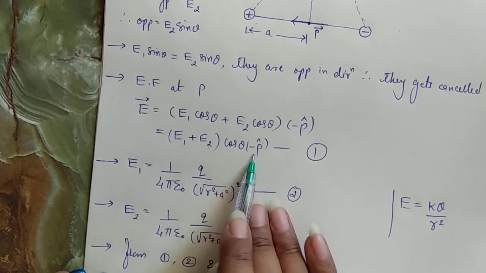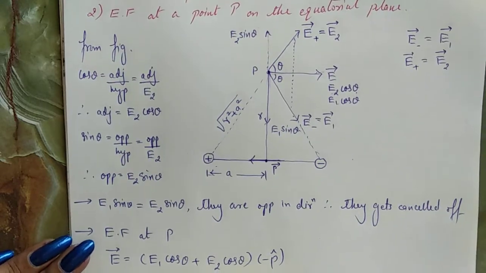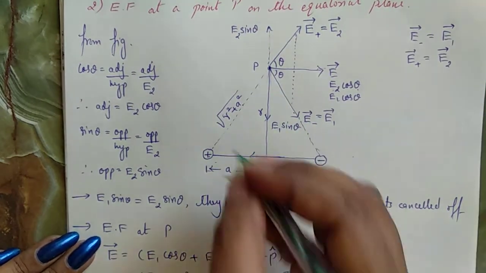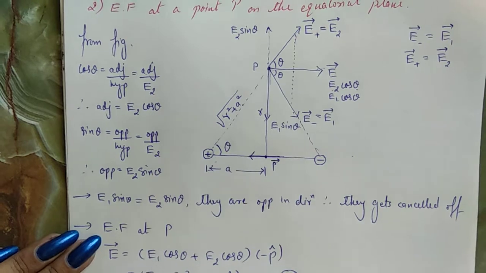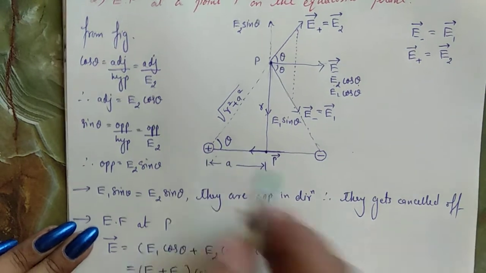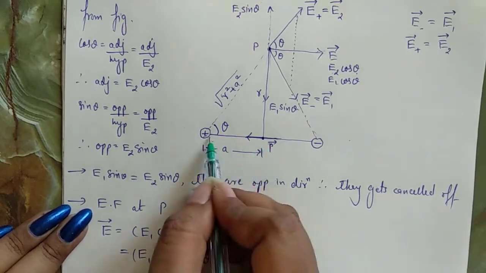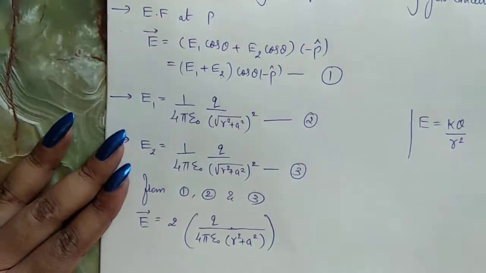Now here cos theta is there. So what is the value of that cos theta? Just see from the figure. If I consider this theta, then from the figure I can obtain cos theta is equal to adjacent upon hypotenuse. So I'll write that value.